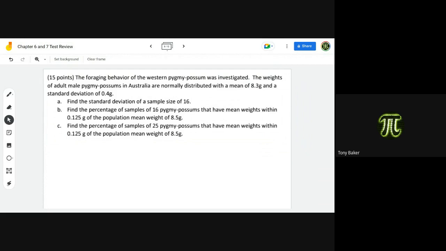So how do I find the, remember, when we're looking at doing the mean stays basically the same. The standard deviation changes. What was the formula for the standard deviation? Over the square root of n. Yes, and that's my sample size. So for A, all it's looking for is that. So the standard deviation of the sample is 0.4 divided by the square root of 16.